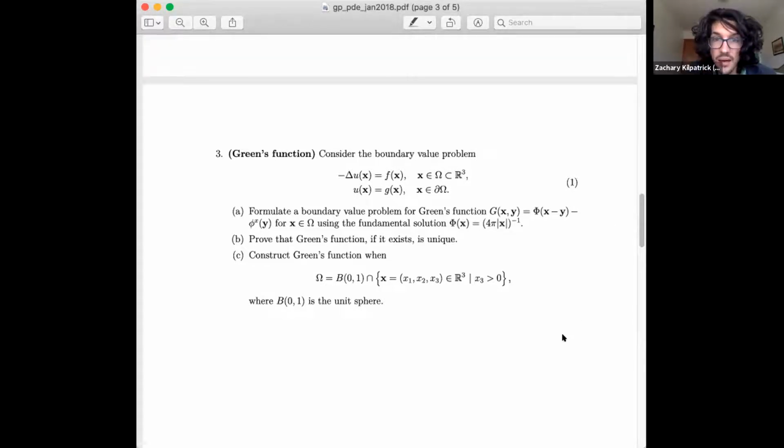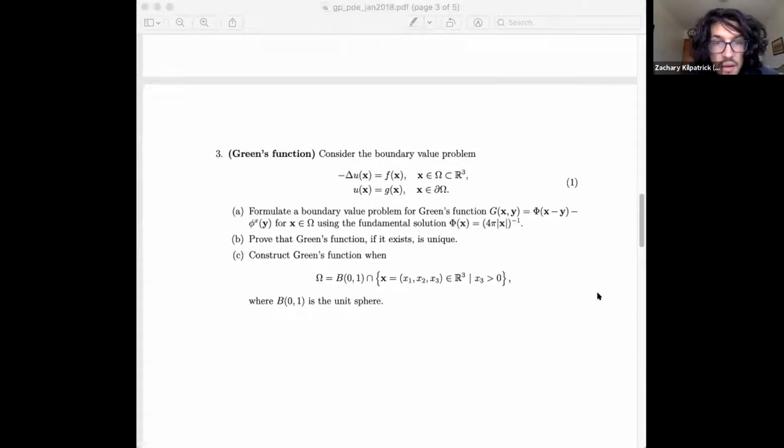Let's see, we have 10 people, so let's keep it to 3 per room. I think they're pretty randomized now.